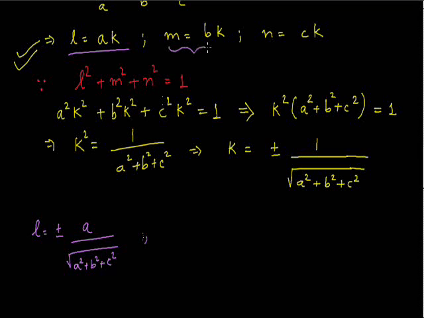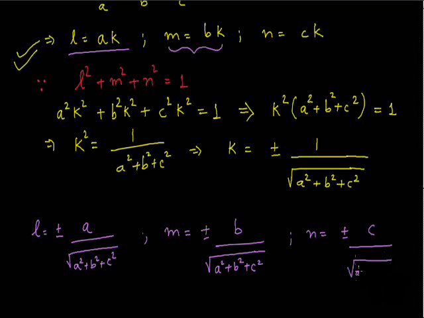Similarly, M equals B into K, so M equals plus minus B upon under root A square plus B square plus C square. And N equals plus minus C upon under root A square plus B square plus C square.